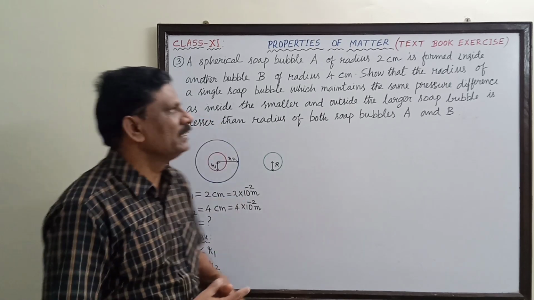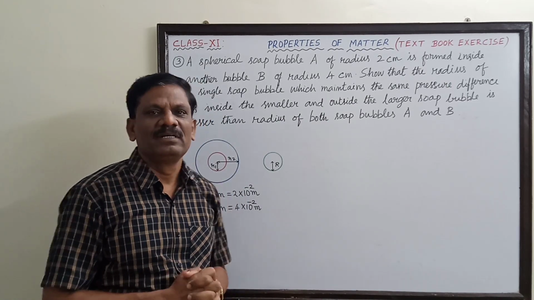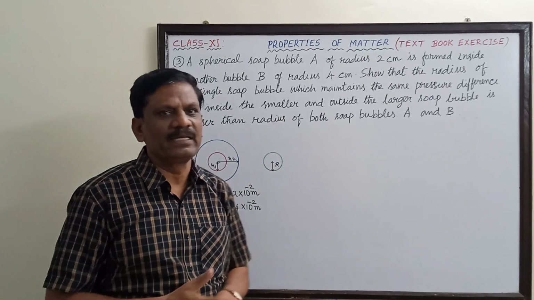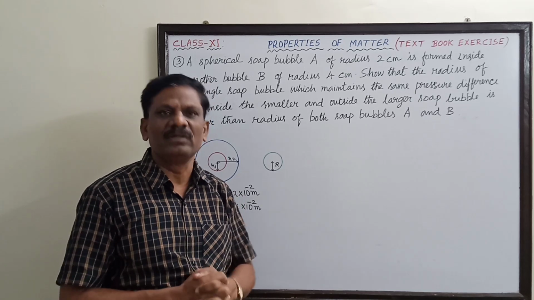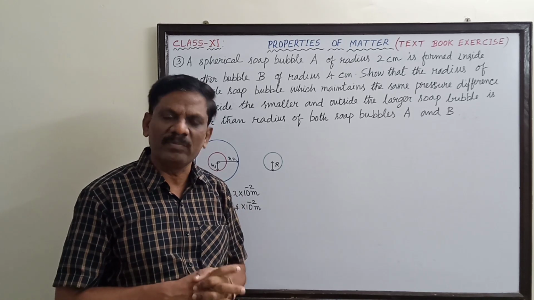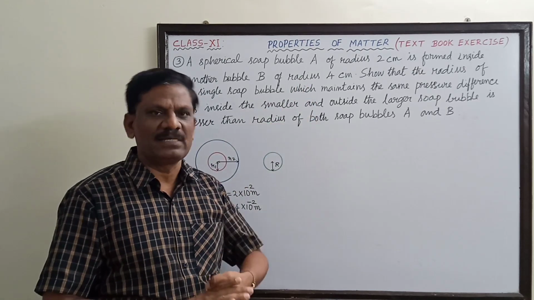The problem is very lengthy but actually very simple. Now we have to read again and again till we understand what is the problem and what is asked in the problem. Now it is given that there are two soap bubbles.